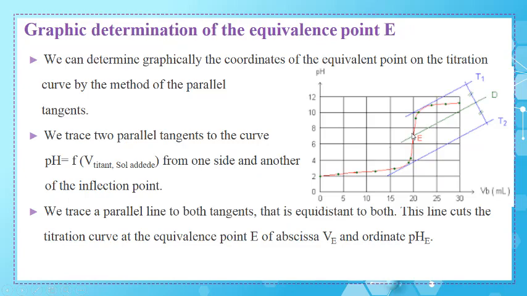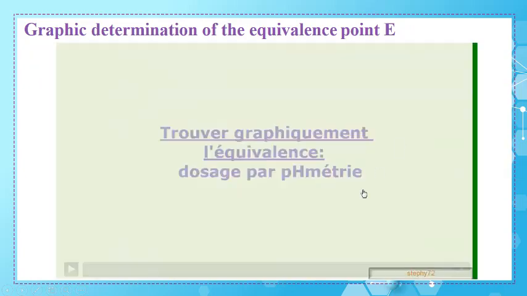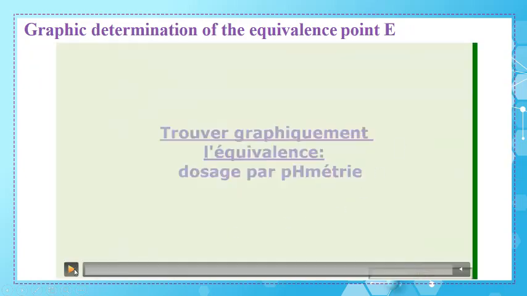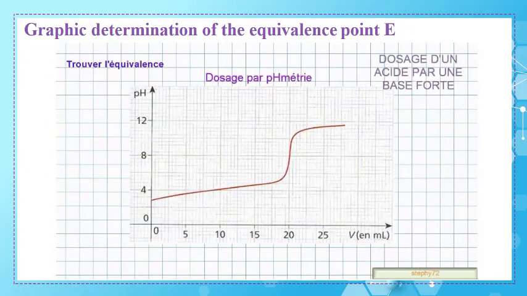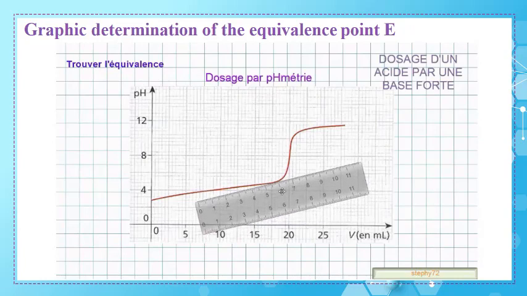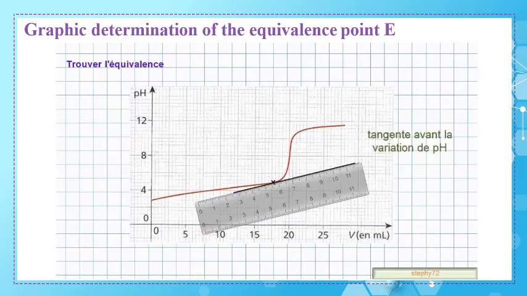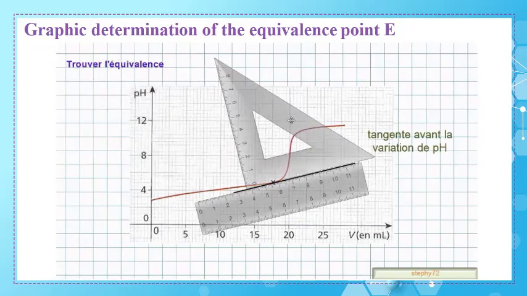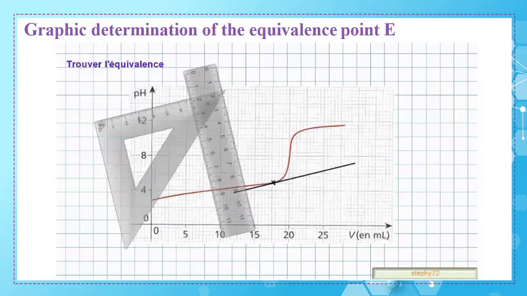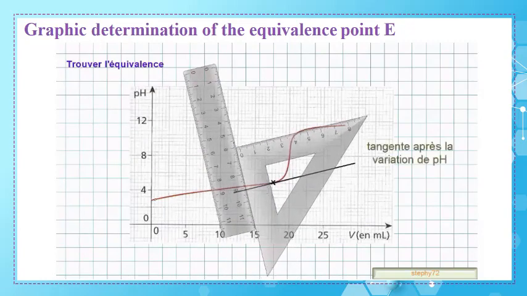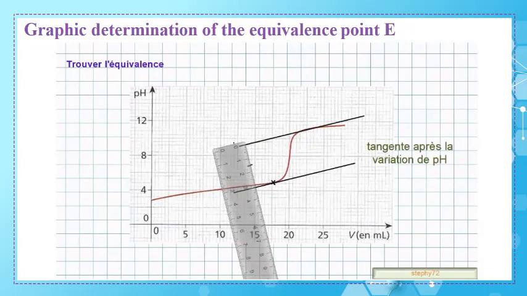I know I have explained it quickly, but now I will show you a video in order to know how to determine graphically the equivalence point E. Look at this curve. An acid is in the beaker and the base is in the burette. This is the first tangent. Can you see it, using a ruler? Then this is the second tangent, and we use the set square in order to be sure that both tangents are parallel.